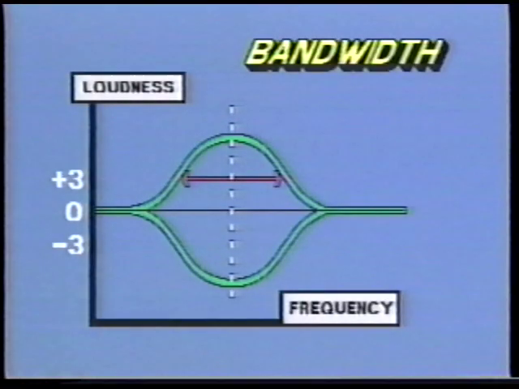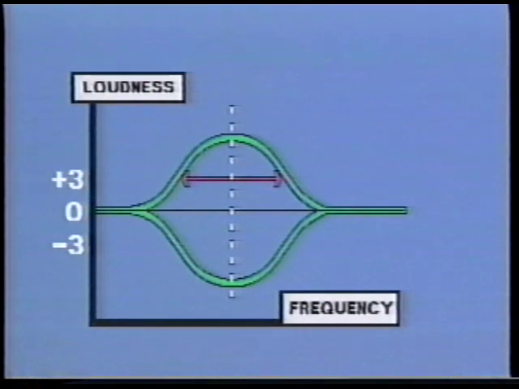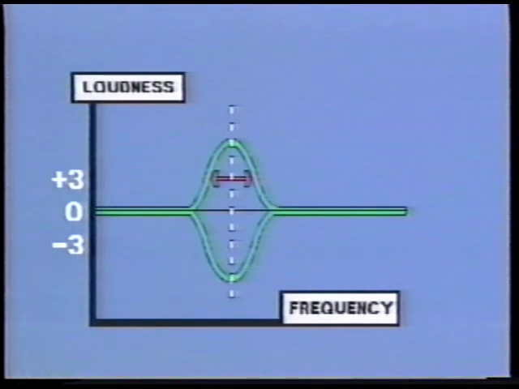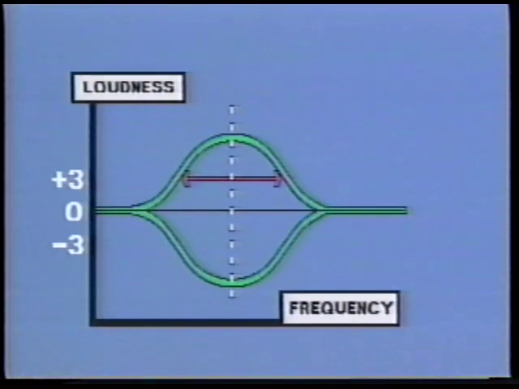The bandwidth of the pass band is the frequency range at 3 dB above or below the flat response. Bell-shaped curves around the same center frequency can have varying degrees of bandwidth, going from very narrow to very broad. On some EQs, the bandwidth is adjustable, but on most, it's fixed.